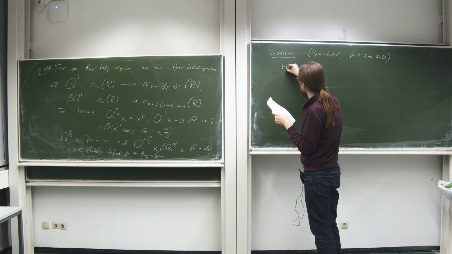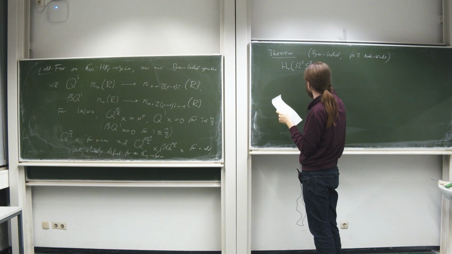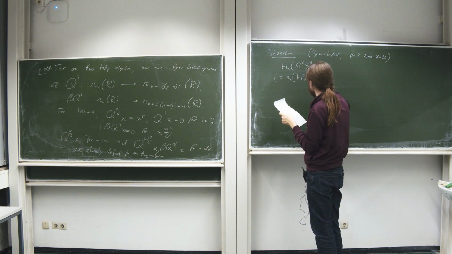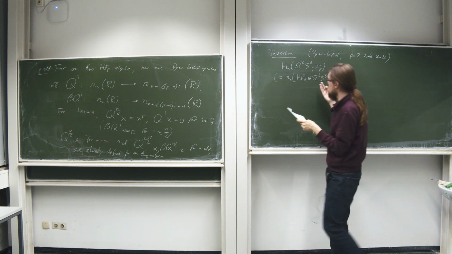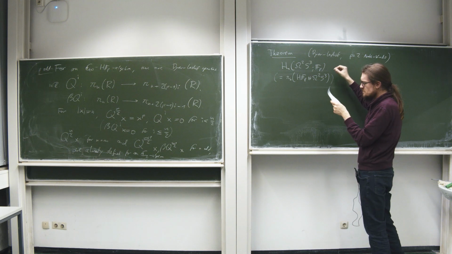And what they compute is the homology of Ω²S³ with F_p coefficients. So let me remind you that this is the same as the homotopy of HF_p tensor Ω²S³, this free E2 algebra that we're interested in.